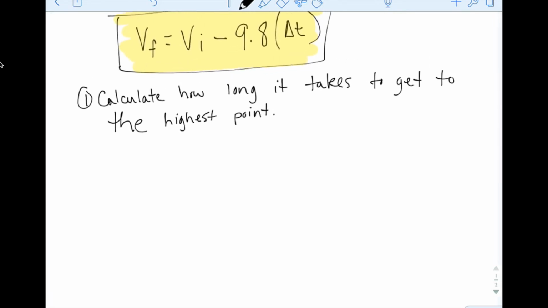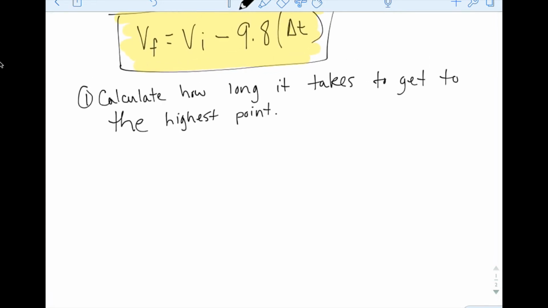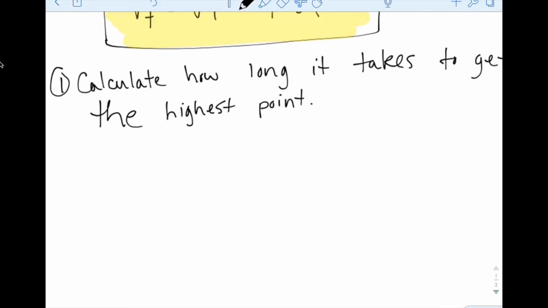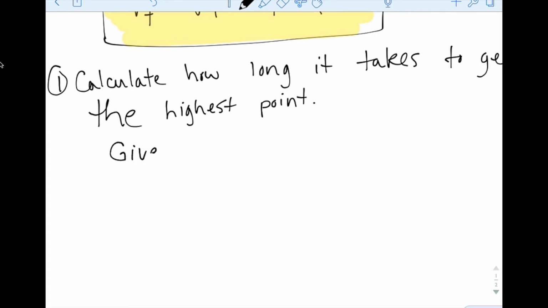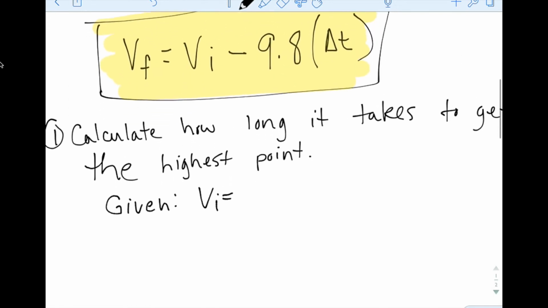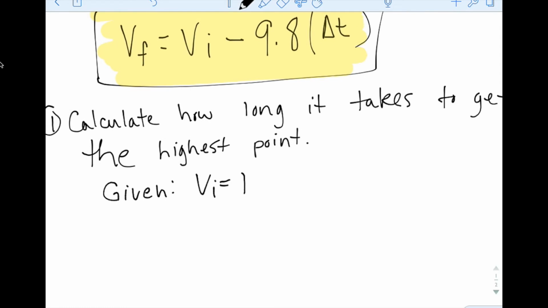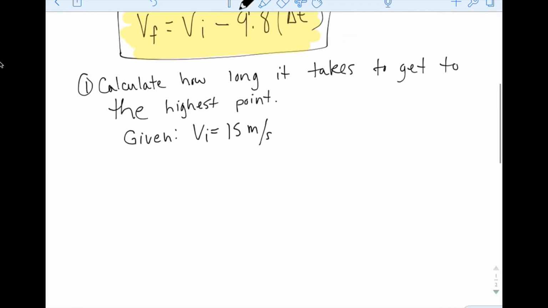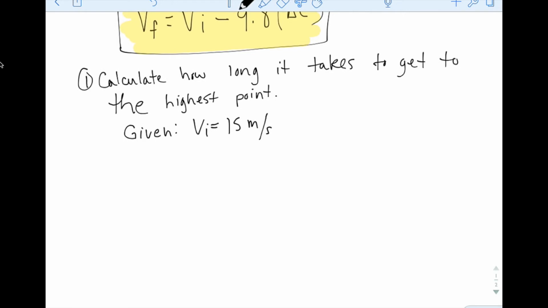Let's just say that I told you that VI equals 15 meters per second. And I wanted to figure out how long it takes to get to the highest point. Well, that would mean that I'm trying to figure out delta t because it says how long.